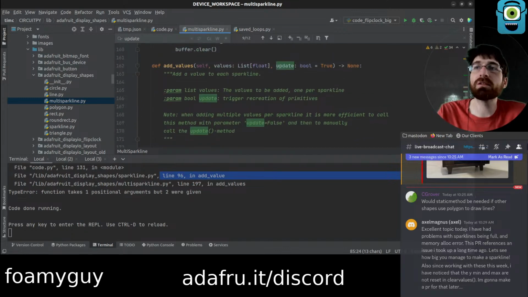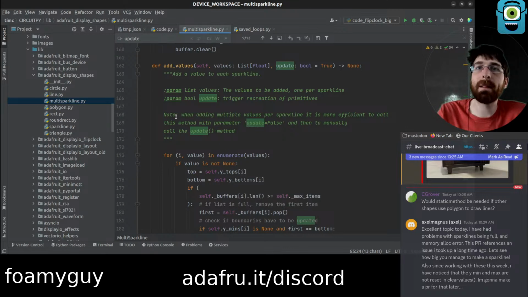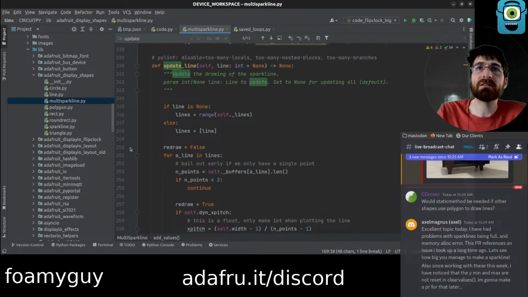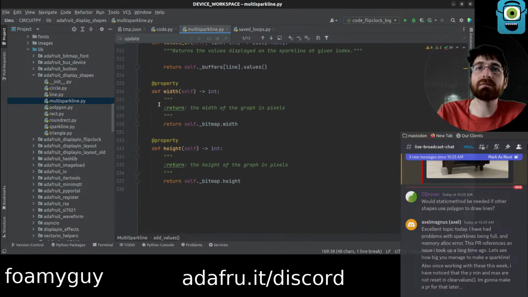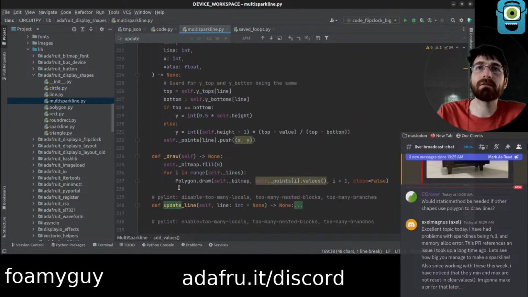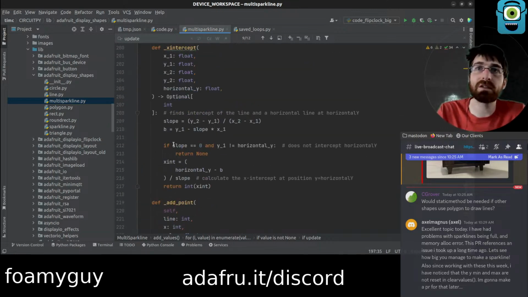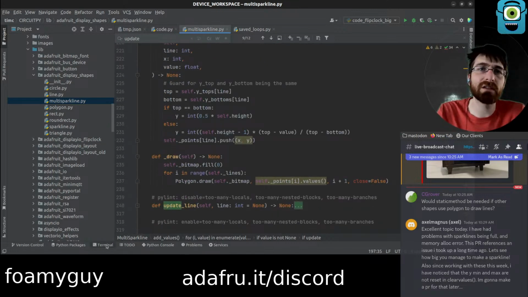Wait, but no, what's self-update though? Update line? Is that supposed to be called update? Well, maybe there's part of our problem. This seems to be calling self.update, but self.update doesn't seem to exist. But that's not the error we got, is it?